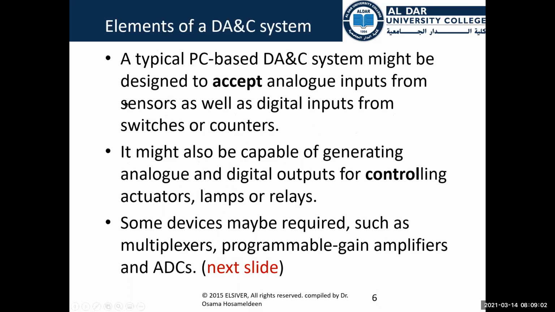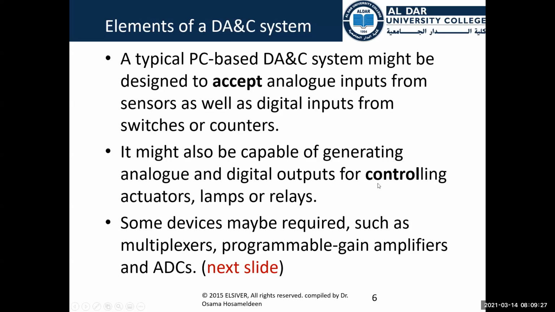So we have DA and C, data acquisition and control. We have two ways. The first way is to accept data from the analog world and then convert it to digital, or the opposite, which is getting data out from the computer.